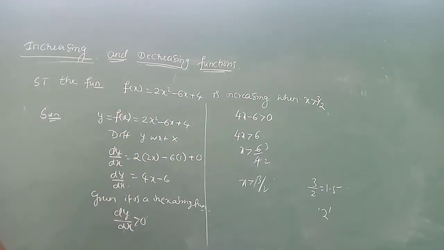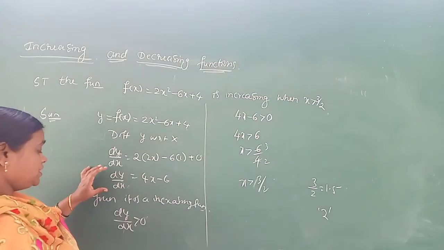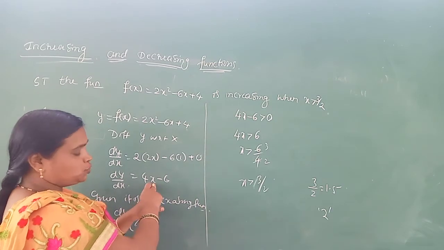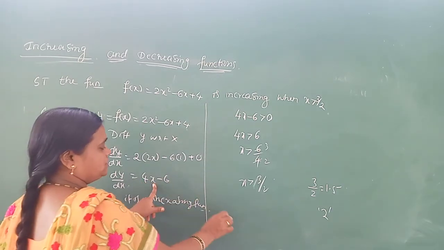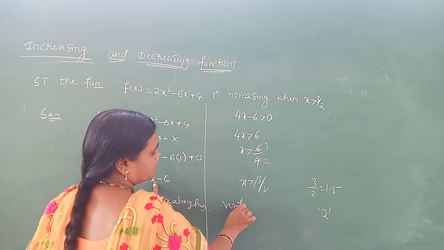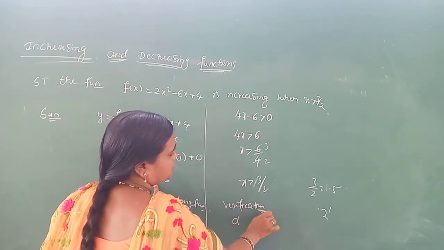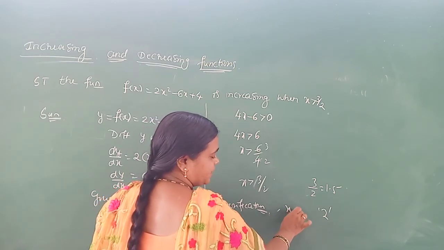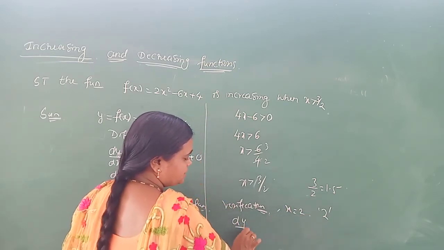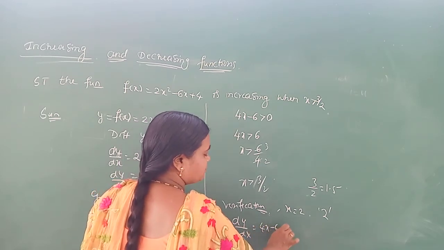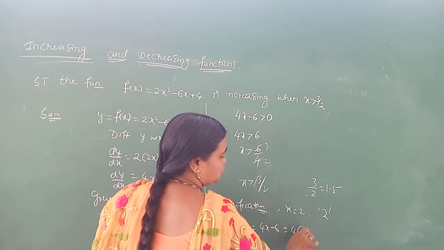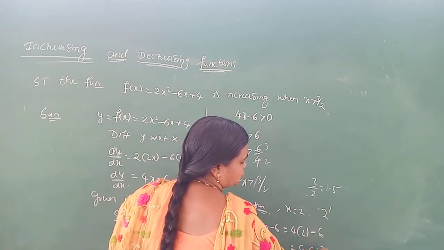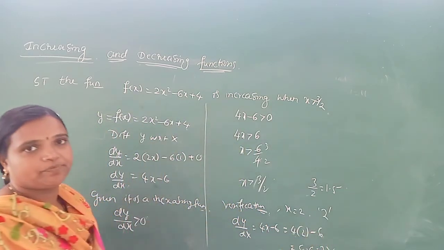And we have to verify whether dy by dx is positive, as we need here. Substitute x is 2 in 4x minus 6: 4 into 2 minus 6, 8 minus 6 is 2. 2 is greater than 0 because it is plus.